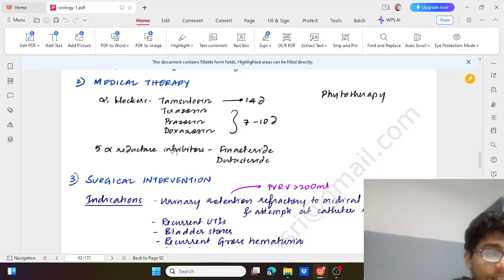An important aspect is that this drug acts on the prostate tissue and will reduce the prostate size, but it will only act when the prostate size is more than 40 gram. Also, to show its effect, it needs at least 4 to 6 months to have a noticeable effect.